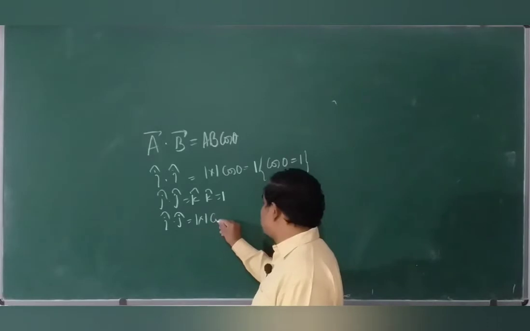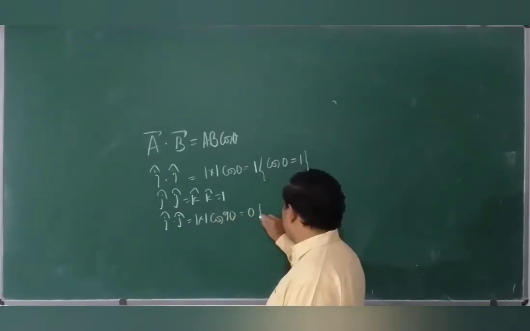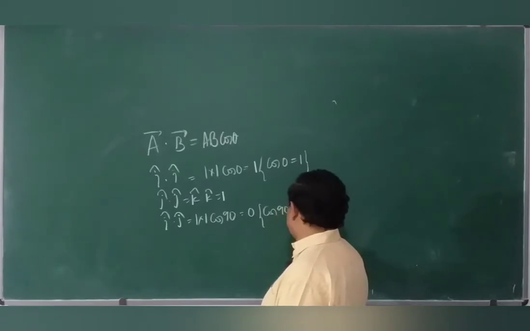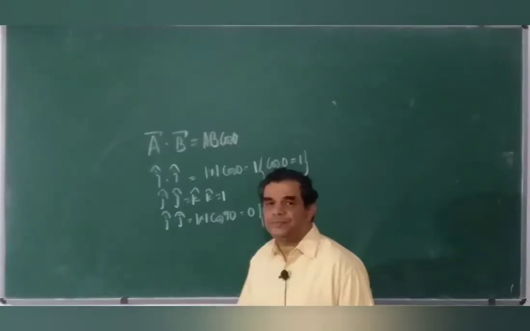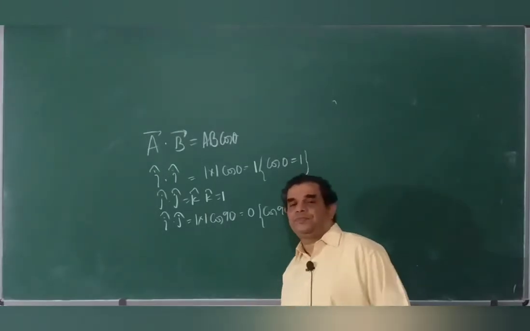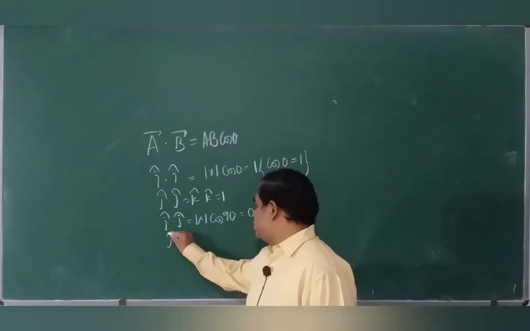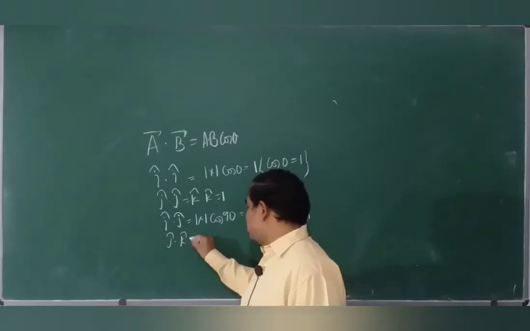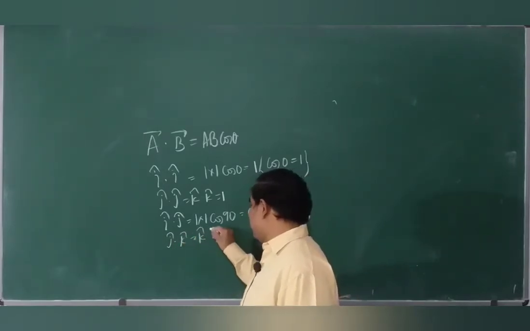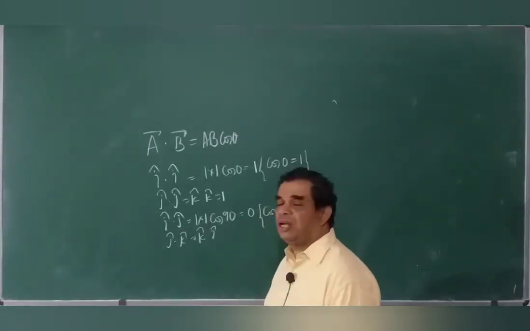Therefore, cos 90, and it is 0, as cos 90 is 0. Similarly, j dot k, k dot i or i dot k, all are 0 because all are at 90 degrees to each other.